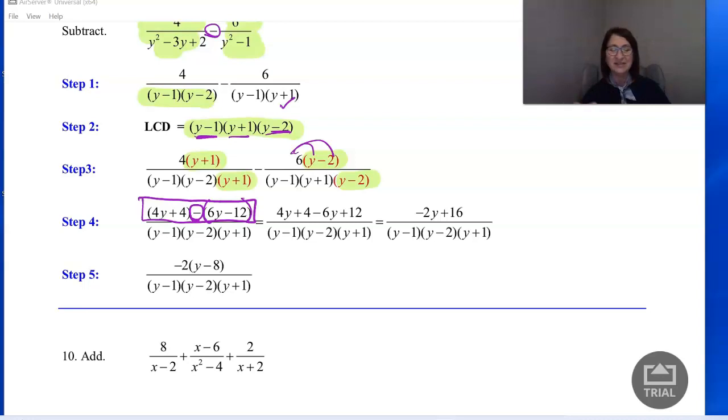So now in the next step, I've got 4y plus 4, and then minus 6y plus 12. I just combine my like terms, and I end up with negative 2y plus 16. When you factor out the negative 2, this is what you end up with. If you could reduce at that point, you would, but we can't.